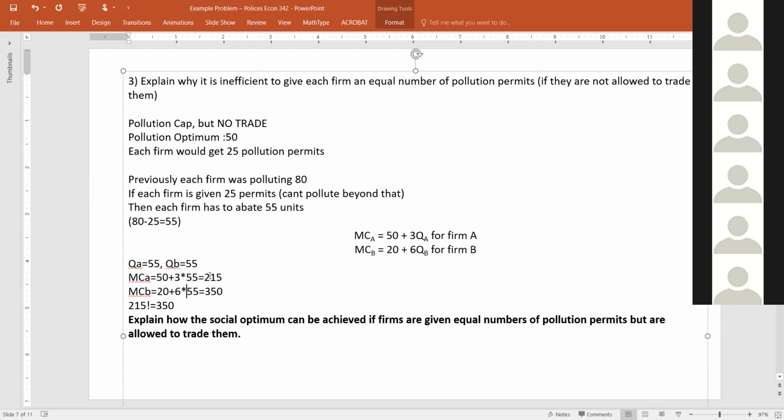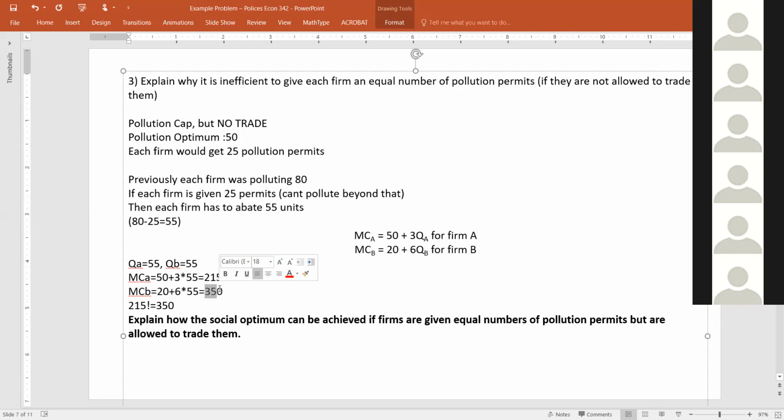Firm A, can I give you $215, which is cheaper than the $350 it costs at this level? Put differently, since it costs B more to reduce pollution, they can pay firm A at least that marginal cost, and at most this marginal cost, to make both firms better off.